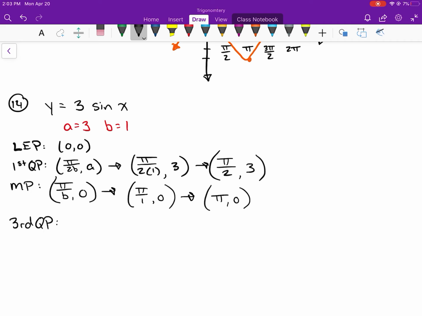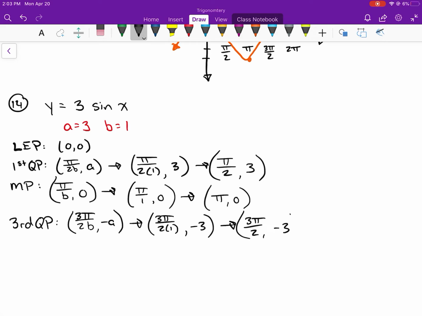Third quarter point is 3 pi over 2b, negative a. Substitute a and b in, so 3 pi over 2 times 1, negative a makes it negative 3. Simplify my fractions, so I get 3 pi over 2, negative 3.